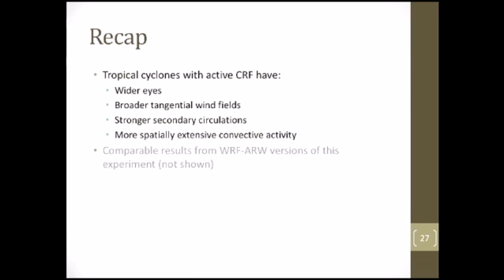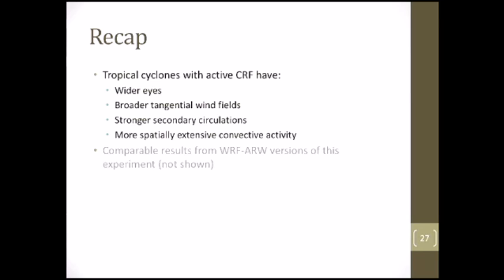Okay, so let me recap what I've shown you. The tropical cyclones with cloud-radiative forcing active have wider eyes, broader tangential wind fields, stronger secondary circulations, and more radially extensive convective activity.